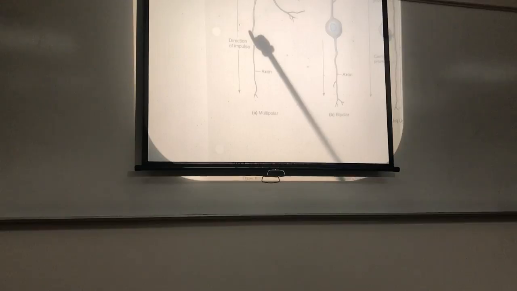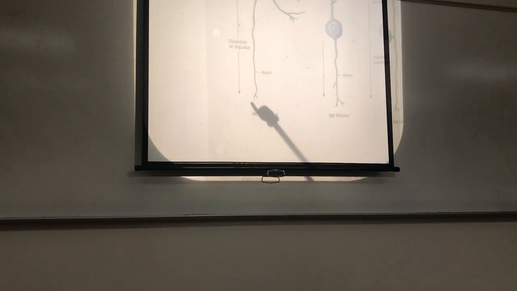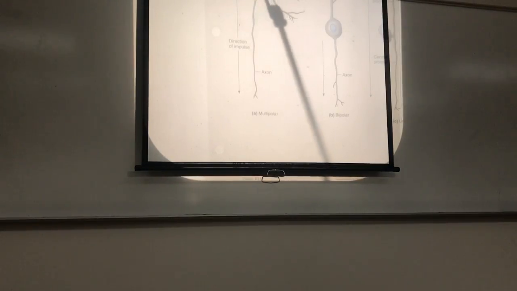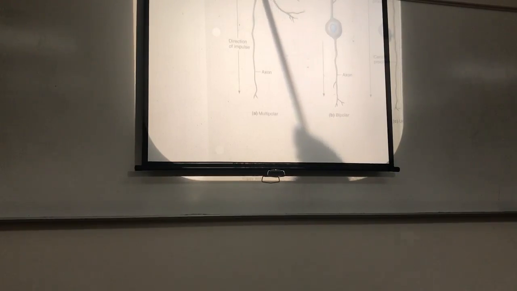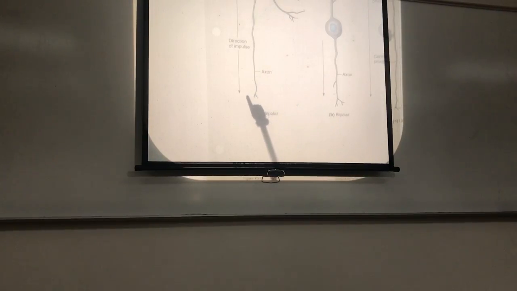Dendrites carry action potentials in toward the cell body. Axons carry action potentials out away from the cell body. Again, we talked about that way back in the beginning. The cell body is at one end of the cell. The dendrites are kind of short. And then we have this one long, sometimes very, very long axon.